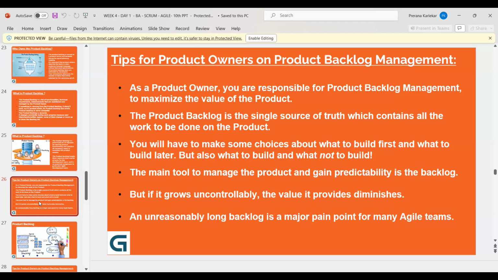It will bleed. As it mentions here, that it grows uncontrollably. And that may be the pain in the neck. Okay, so this is the summary of this slide.